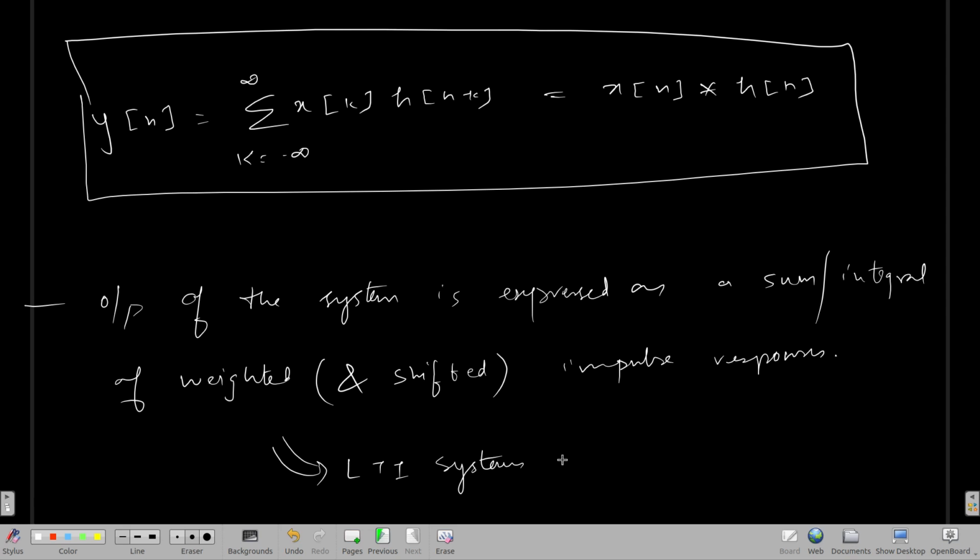Because LTI systems allow us to do convolution. Only if the LTI property is satisfied can we do convolution. So that is what convolution is. This is the theoretical part regarding convolution.